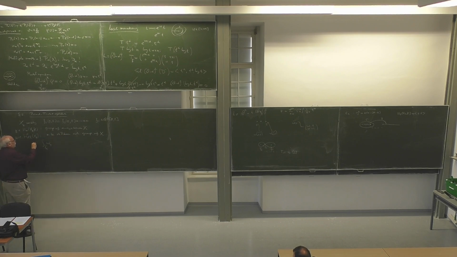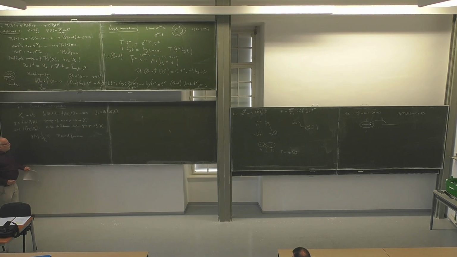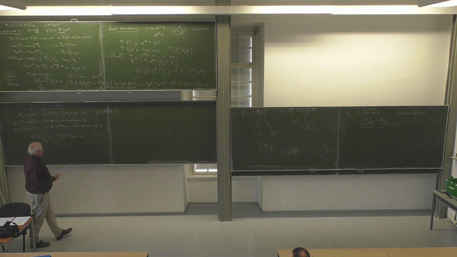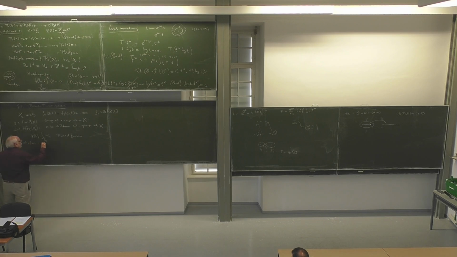And I get a function, phi of t. This is a period function. And this period function satisfies a differential equation. It's very much just a generalization of the elliptic curve we have. So this satisfies a linear differential equation.